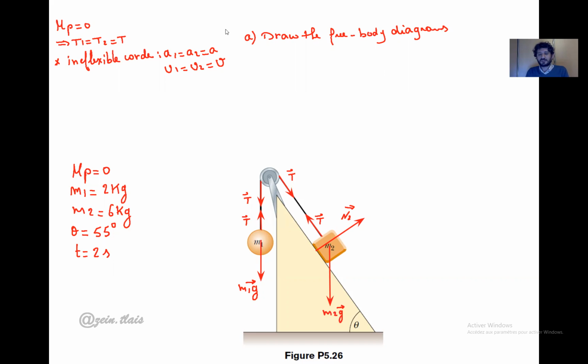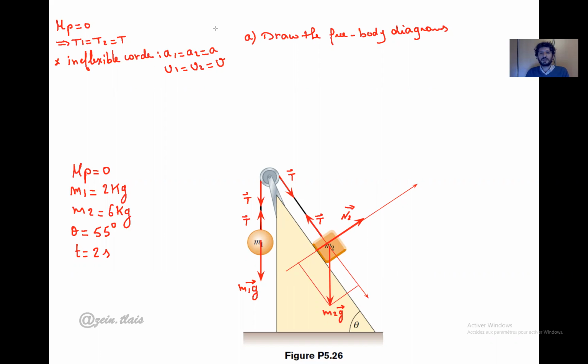I take the line of motion to be clockwise, so M2 will move along this line of motion. And here we have Y.